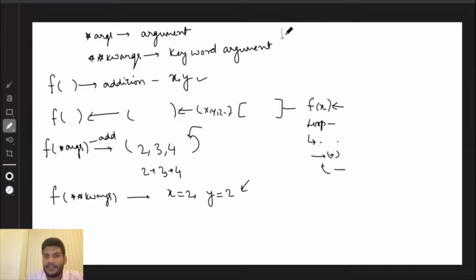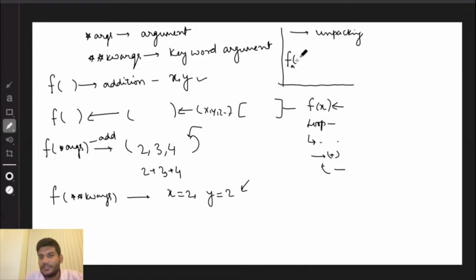The basic understanding for star args and star kwargs is to keep in mind that these two are unpacking variables. How they unpack is, suppose I have a function fa written as star args comma star kwargs.